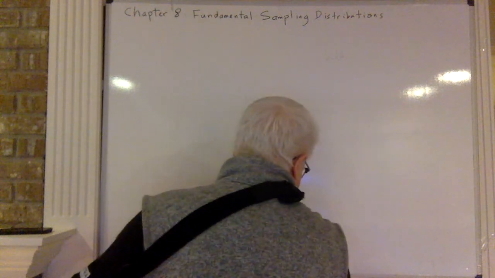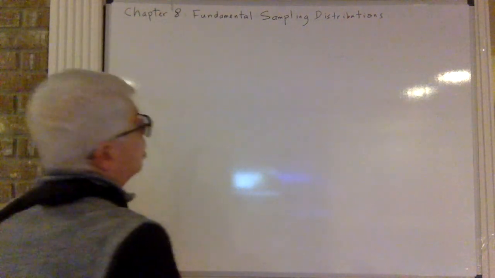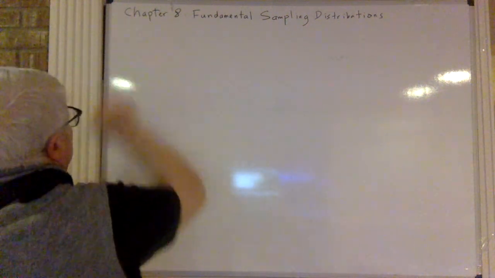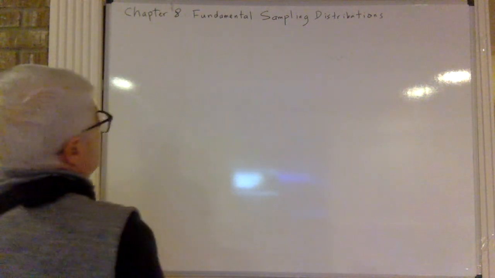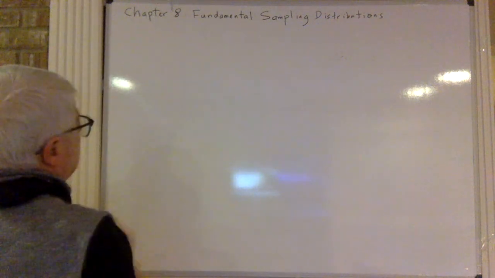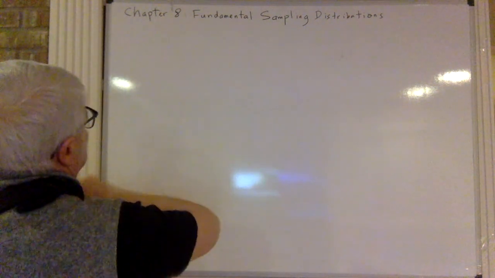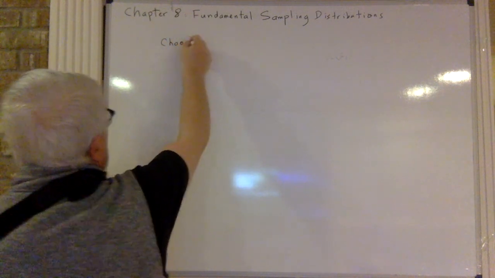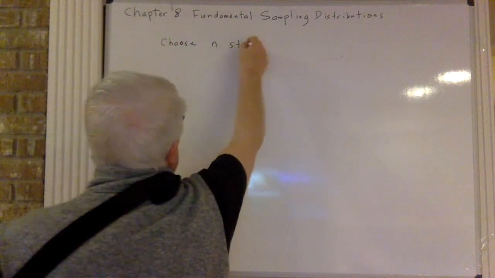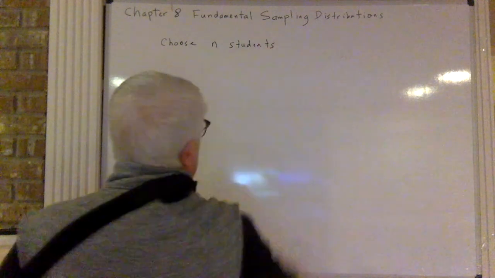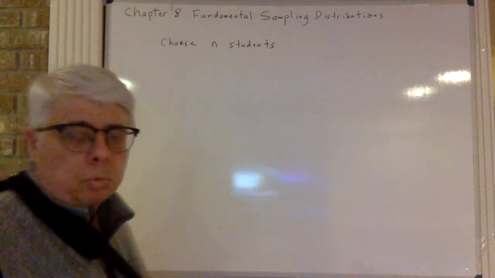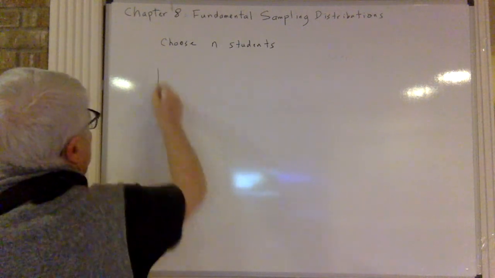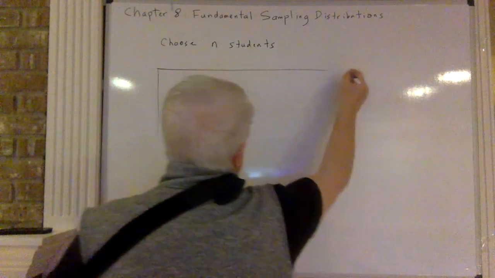So suppose you are a statistics professor and you want to study this X, the random variable that I defined. So you do this, you choose n students from your class and you do something like this.